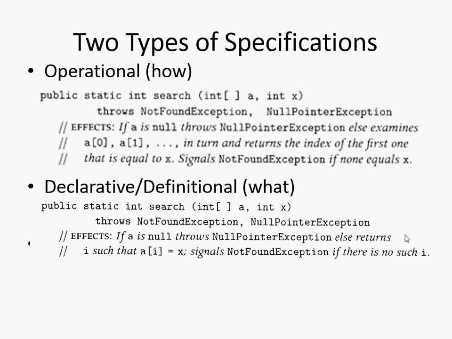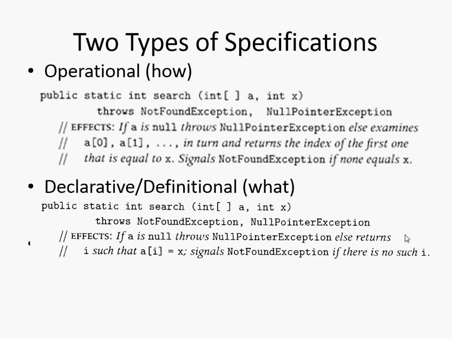So the top one here, this is search. So we pass in an array and a value for which to search, and it says, if A is null, it throws this exception. Otherwise, it examines A0, A1, A2, etc. in turn and returns the index to the first that is equal to X. And it signals not found exception if none equals X. And let's compare that with the bottom one.